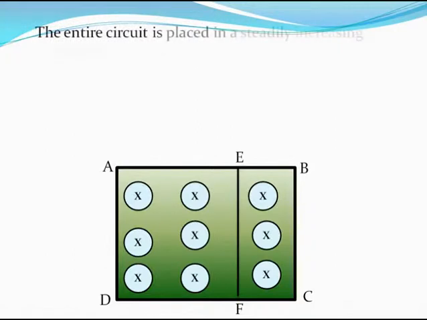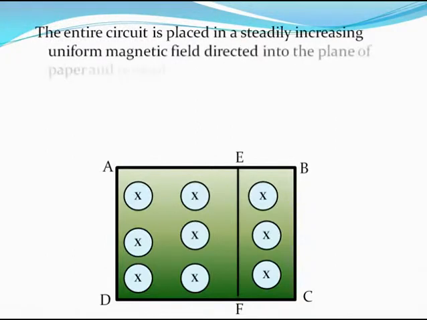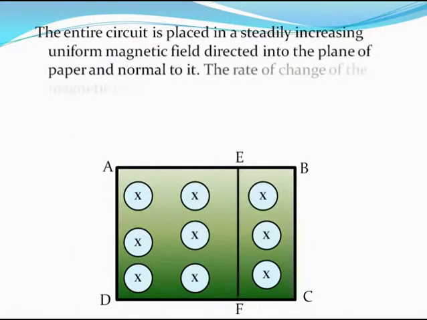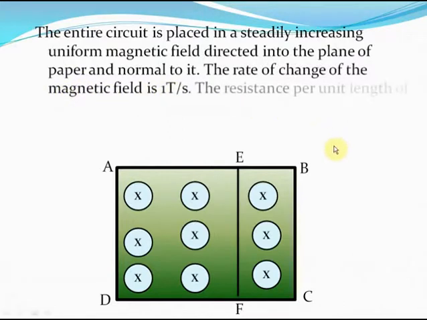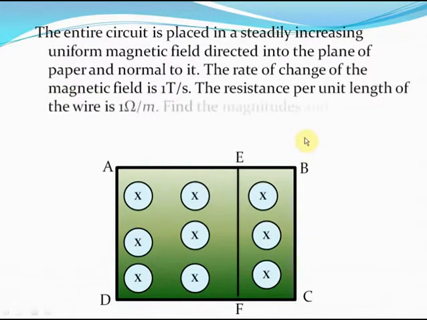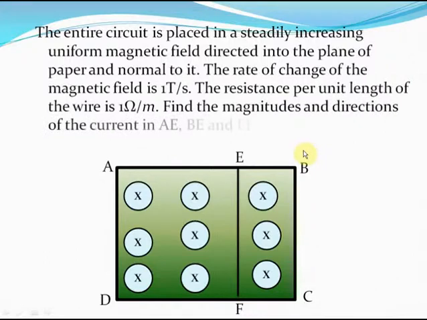The entire circuit is placed in a steadily increasing uniform magnetic field directed into the plane of paper and normal to it. The rate of change of magnetic field is 1 Tesla per second. The resistance per unit length of the wire is 1 ohm per meter. Find the magnitudes and directions of the current in AE, BE and EF.